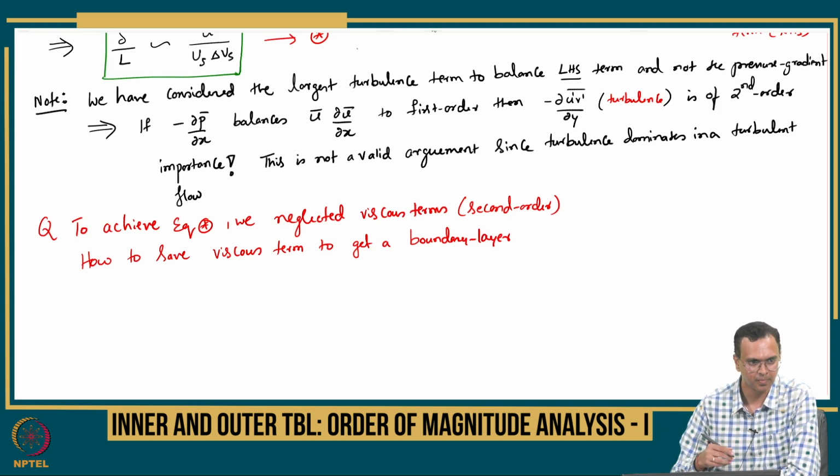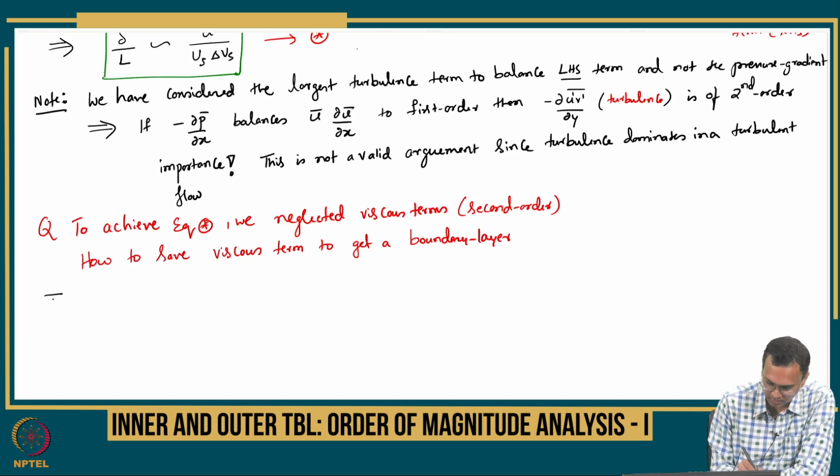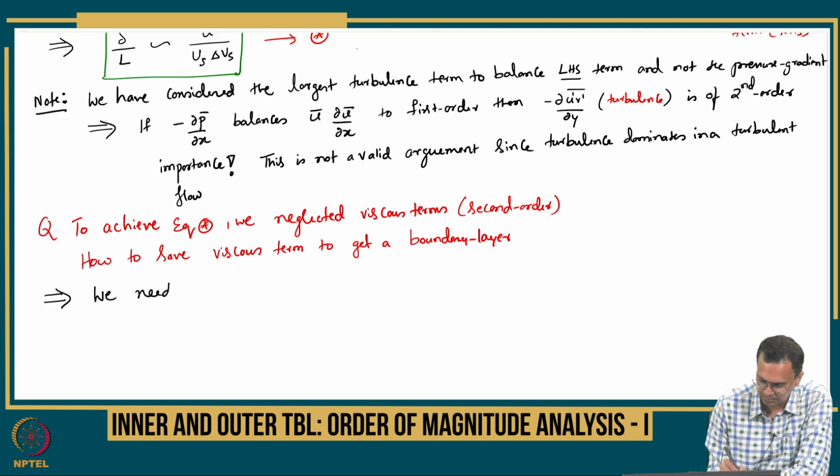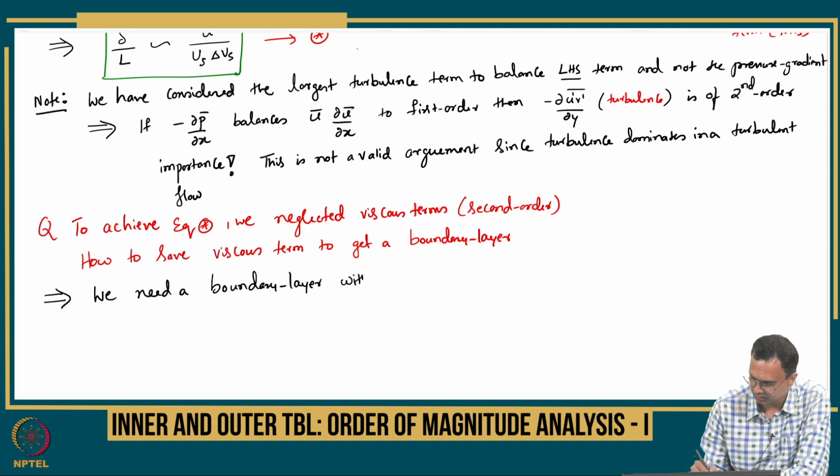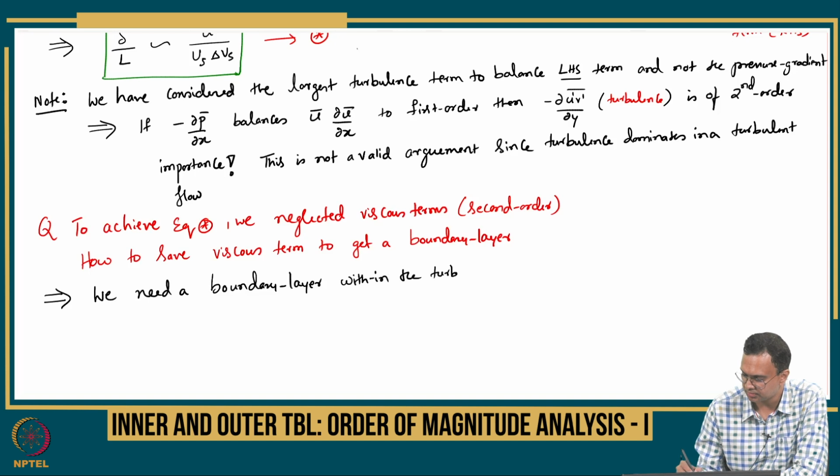Now there must be maybe one layer or many layers inside a turbulent boundary layer, right? So the solution to this is we need a boundary layer within the turbulent boundary layer.